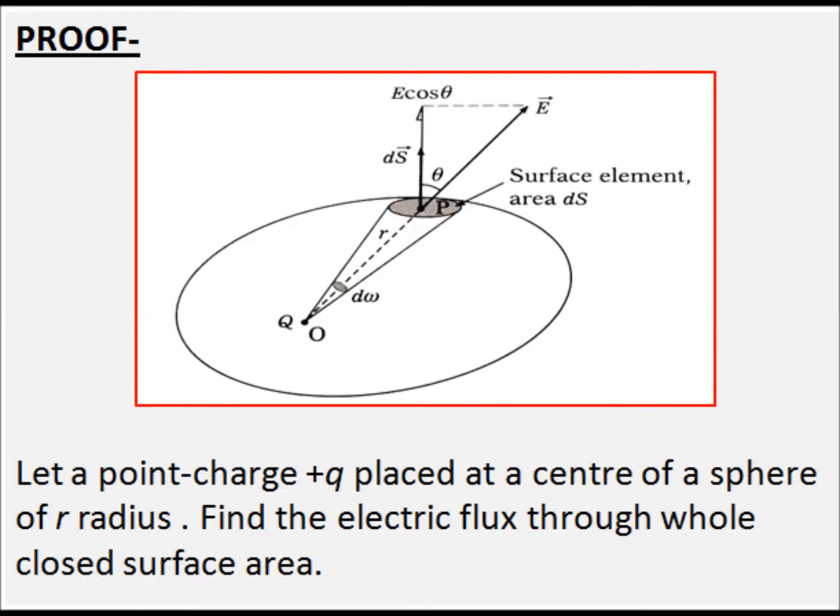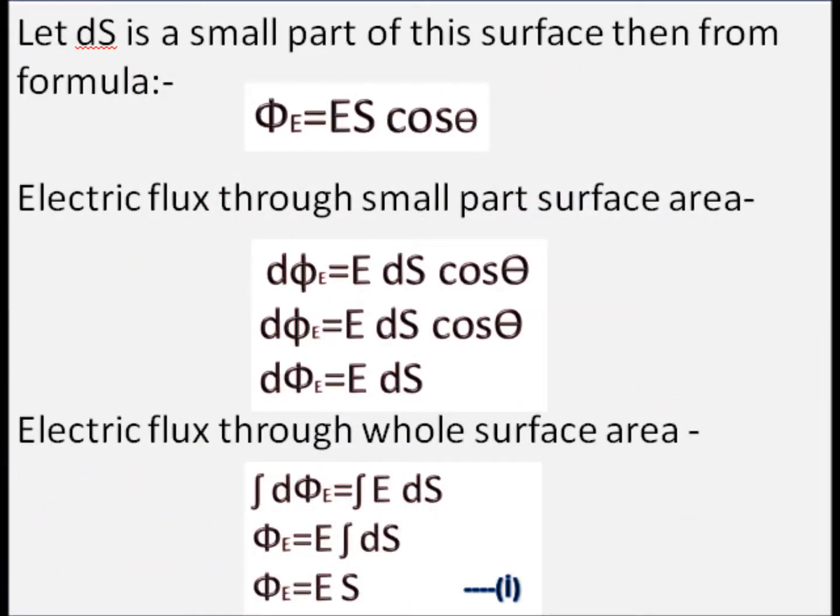Now let us start. We know that phi E is equal to ES cos theta, where phi E is the electric flux, E is the intensity of the electric field, S is the enclosed surface, and theta is the angle. And the electric flux for a small surface is d phi E equal to E ds cos theta.